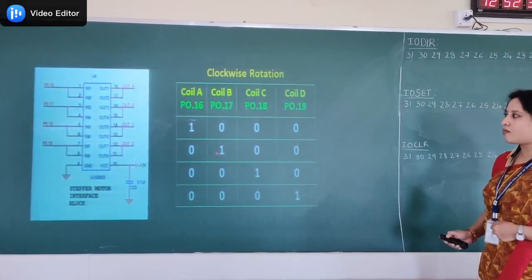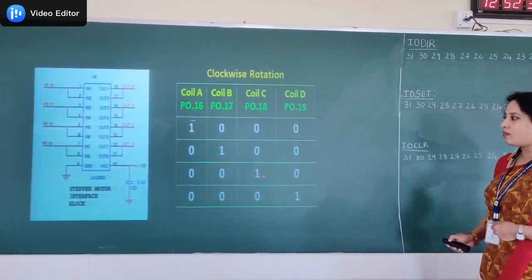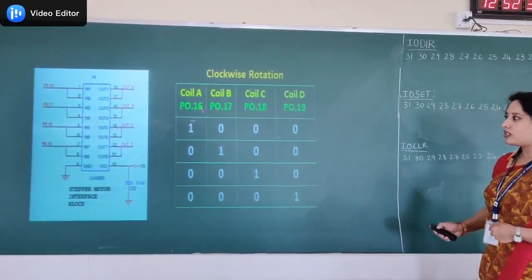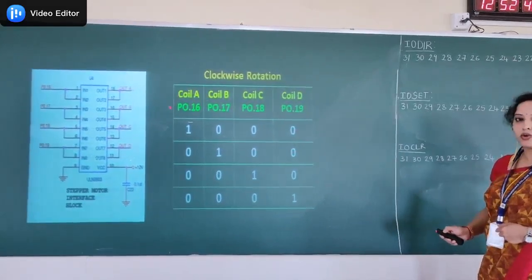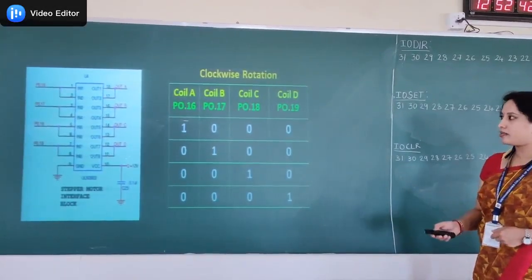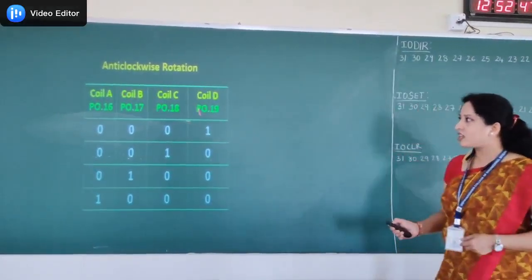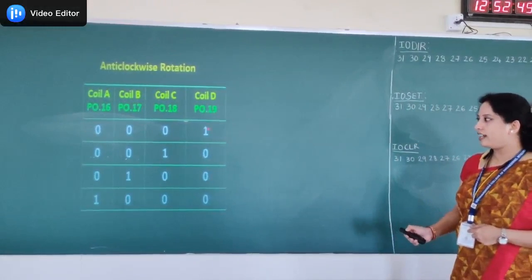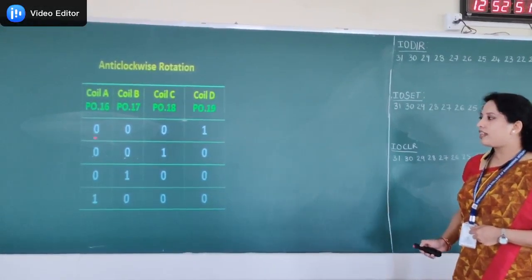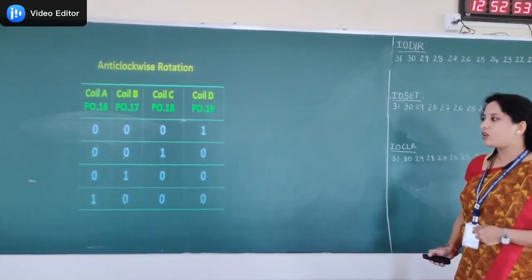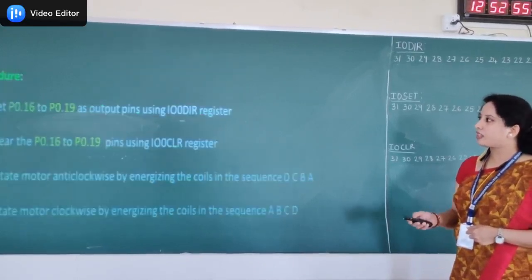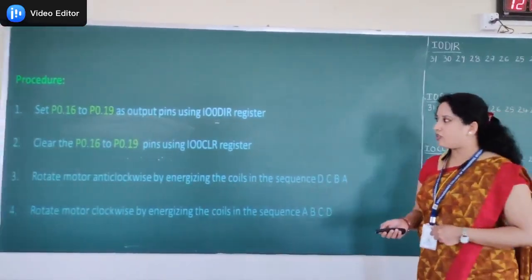In the second step, coil B is energized, followed by coil C and coil D. This is for rotating clockwise. For anti-clockwise direction, it is just the reverse: first we energize coil D, followed by coil C, coil B and then coil A. So this is the procedure we follow.